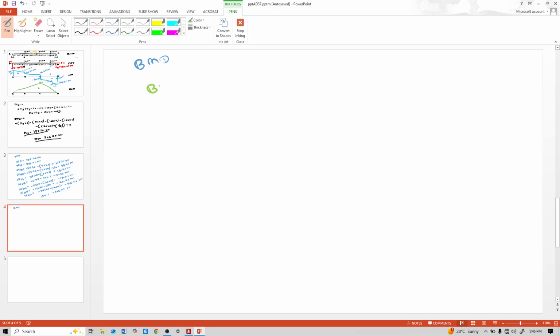Bending moment at A equals 0 and bending moment at E equals 0, because both are simply supported.